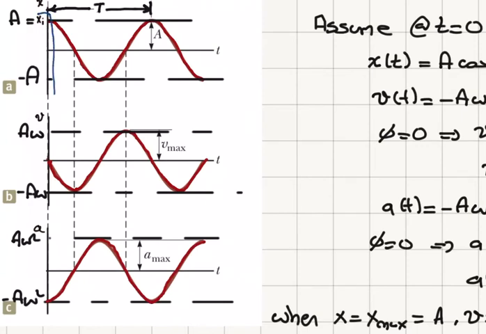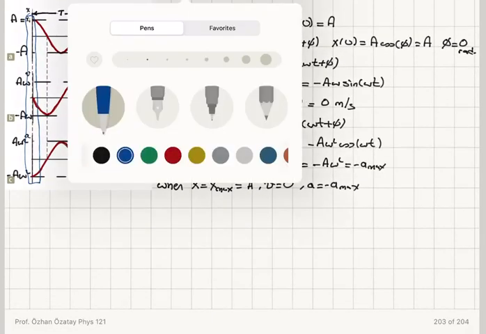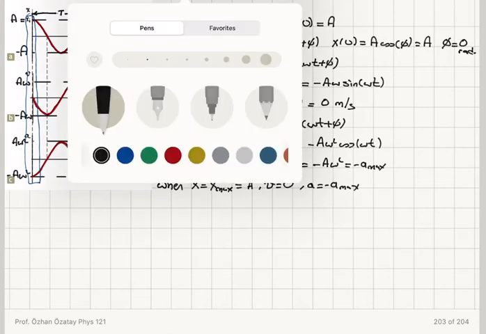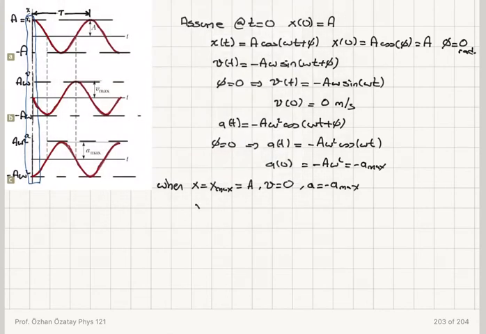So I look at this relationship here. If I compare these values at the beginning, I have positive a max, x max, 0, and minus a max.